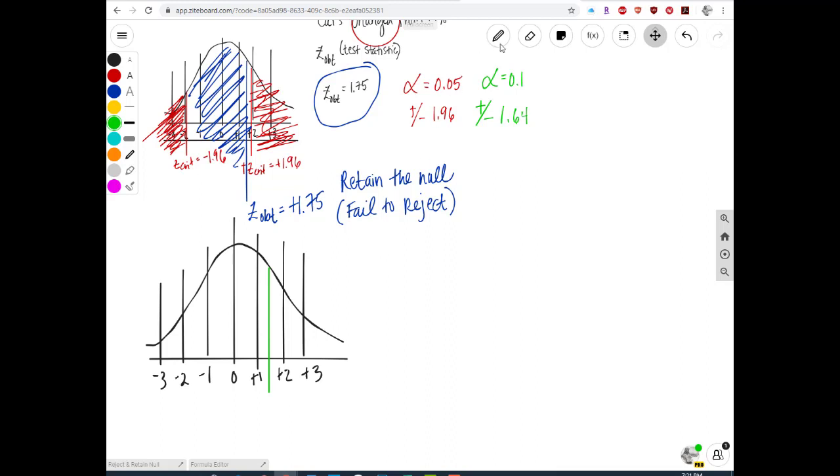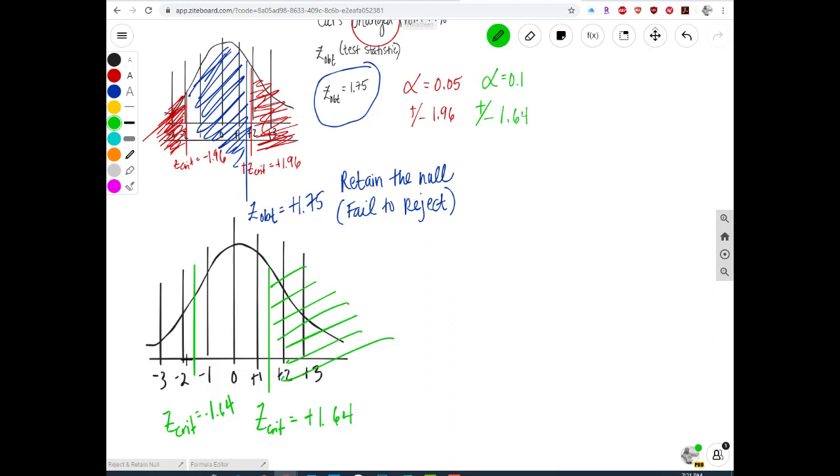My z-crit of positive 1.64. Okay. And down here is going to be my z-crit of negative 1.64. So this is saying anything greater than 1.64, I'm going to reject.